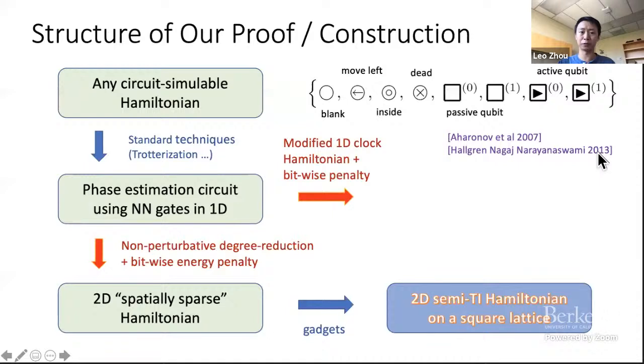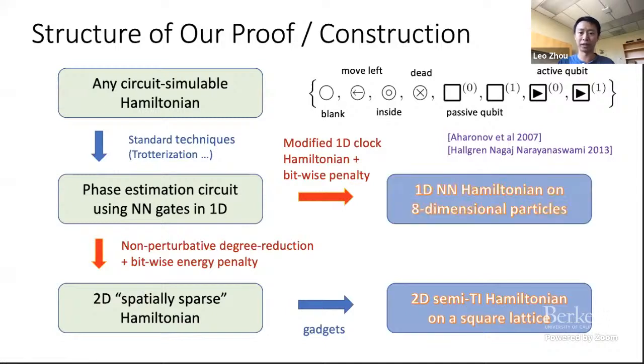And you can actually use only 8-dimensional particles in 1D to map this circuit to a Hamiltonian where all the low energy states reproduce the original target Hamiltonian's eigenstates.